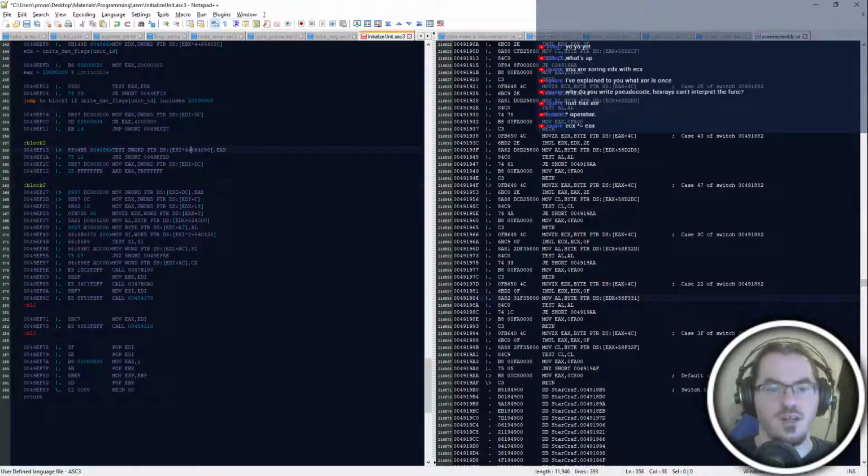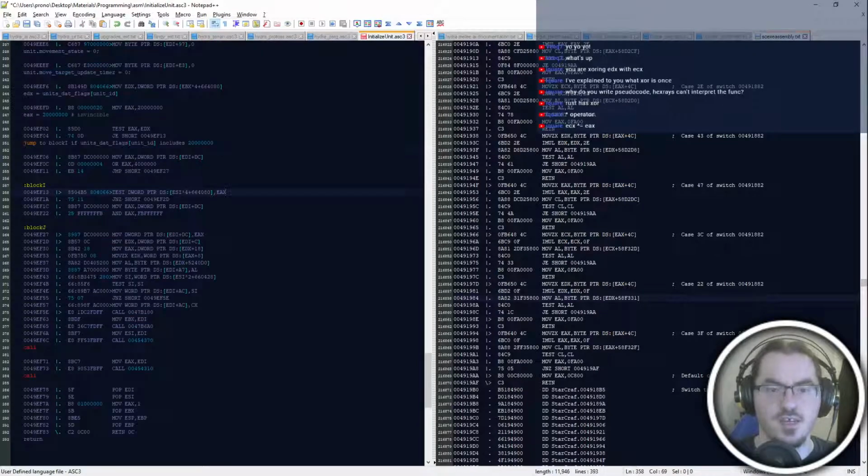So what's in block I exactly? More unit stat flags checking. EAX being checking for large overlays.